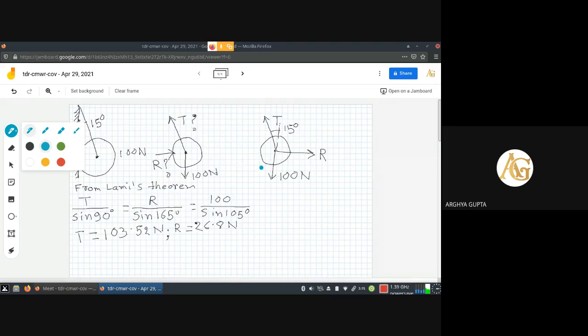Now the vertical component of the T force will be T with 15 degree, and the horizontal component will be like that, T and 15 degree. As I have already told you, it does not mean that the horizontal force will always be cos and the vertical force will always be sine. It is not like that.